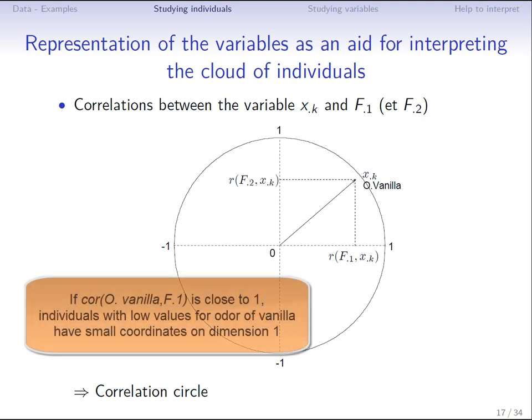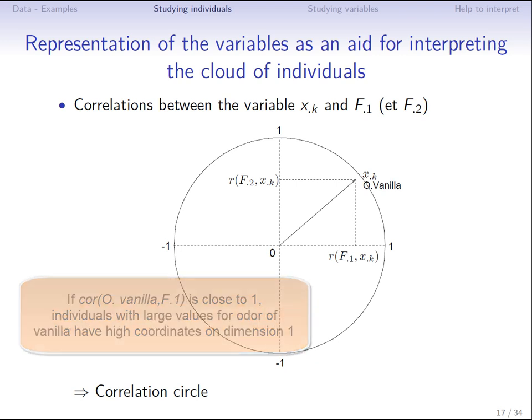Thus, if the correlation is close to 1, it means that individuals who have low values for odor of vanilla have low values on dimension 1. And thus, wines will be on the left of my map. And individuals who have high coordinate for odor of vanilla have high values on dimension 1 and will be on the right of the map.